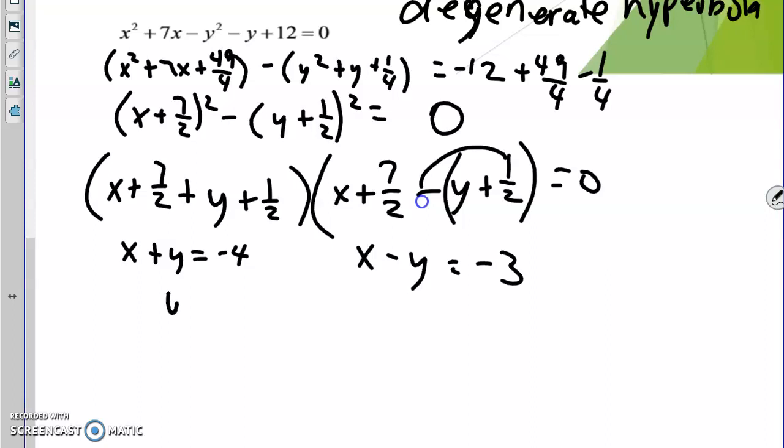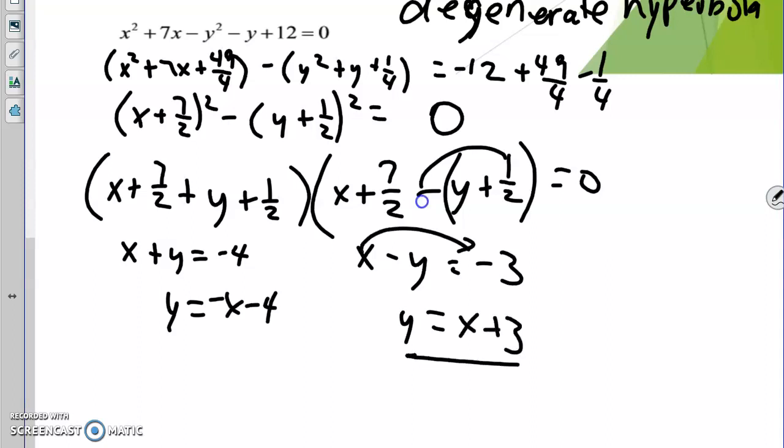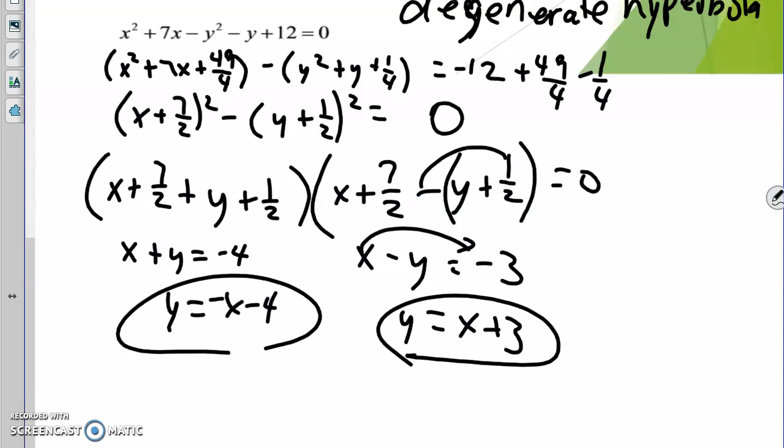And one more step here to get it in a nice format that you're used to seeing. y equals x plus 3. So those are the degenerate case, where we just get two lines that cross. Kind of a neat outcome, called the degenerate case.